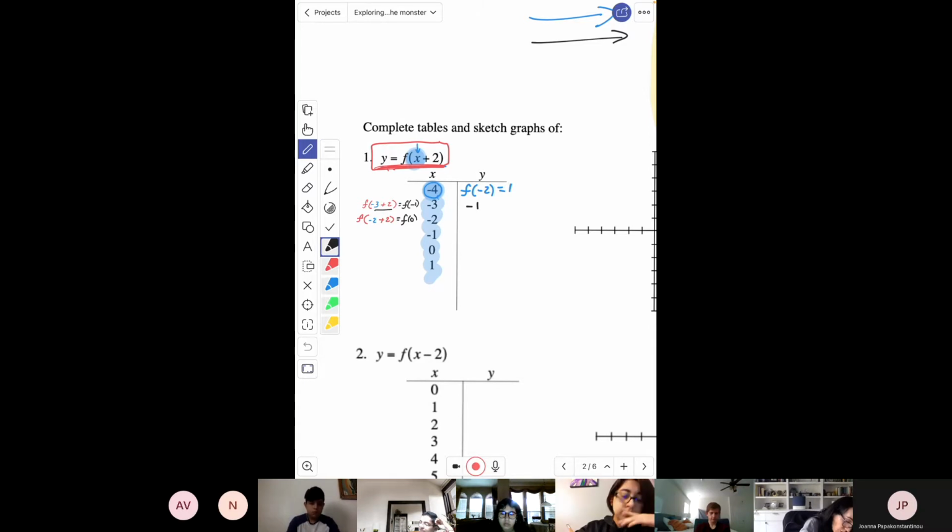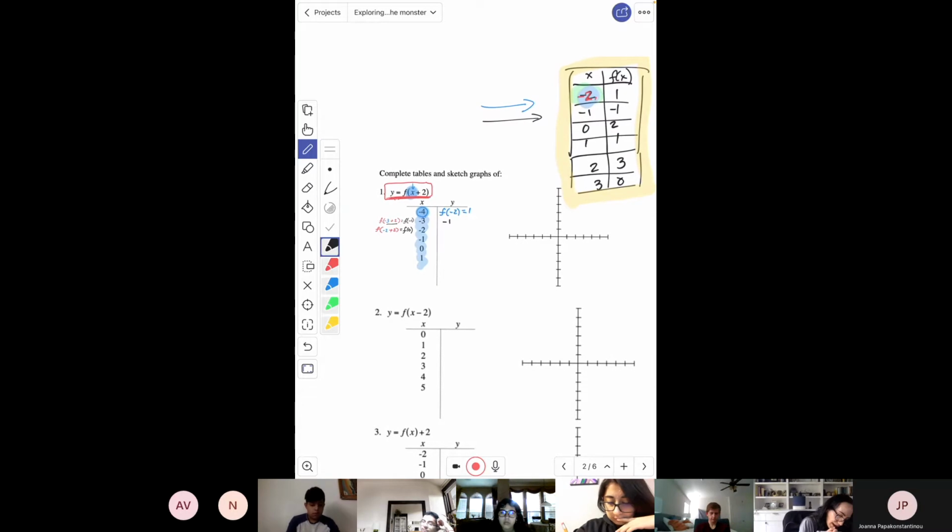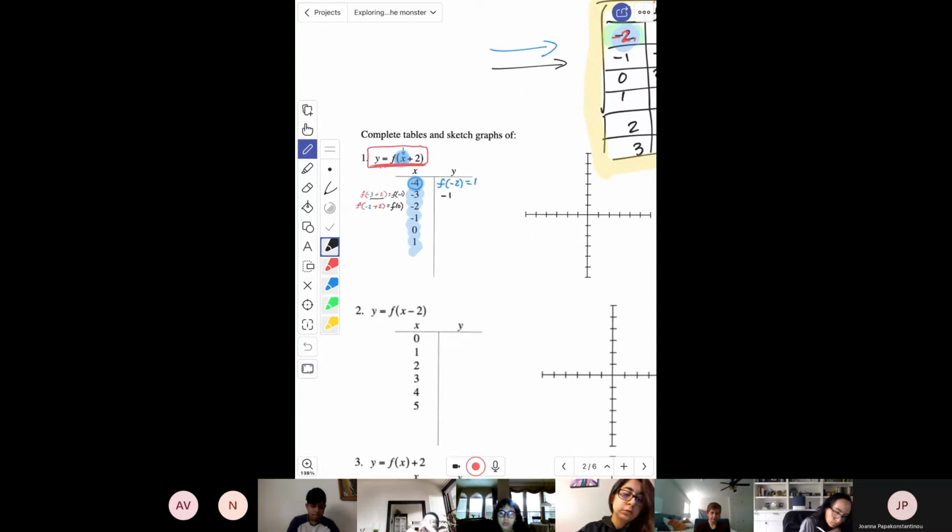So going back to my original table, what is the function evaluated at 0? 2.